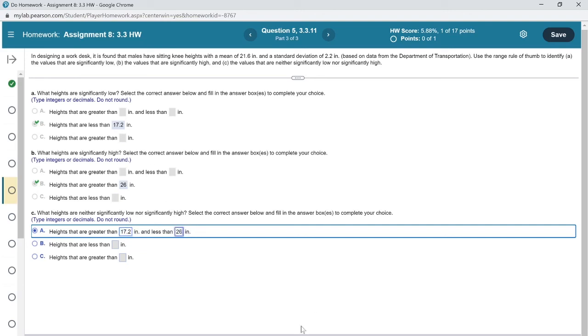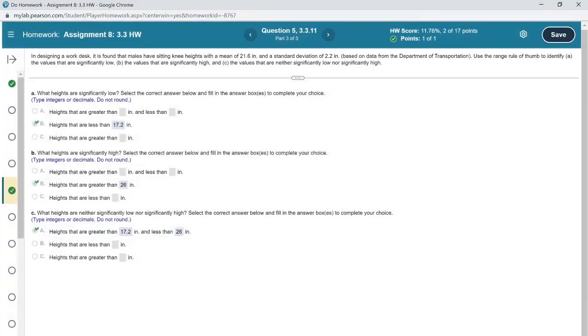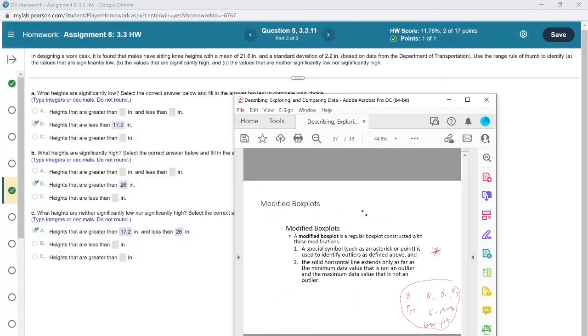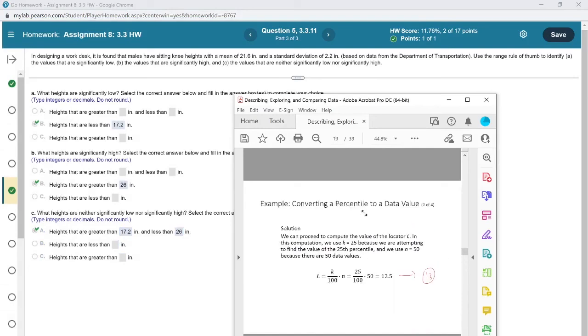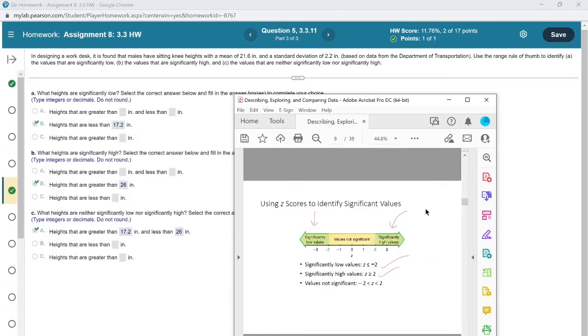According to this, if you go back, when the G-score is less than -2 it is significantly low, and when the G-score is greater than 2 it is significantly high. In between these two values, between 17.2 and 26, that's neither significantly low nor significantly high.